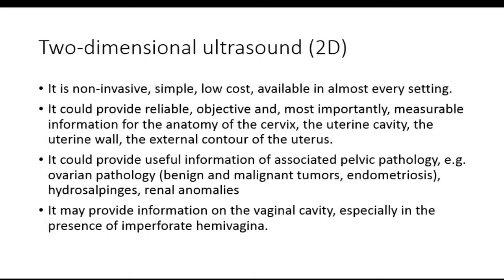So what can we do for the diagnostics of Müllerian anomalies and anomalies of genital organs? As I mentioned before, for some anomalies like imperforate hymen or vaginal septum, you can do just inspection, examination in the office, and it's usually enough.